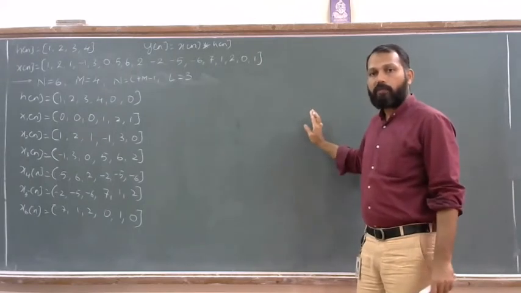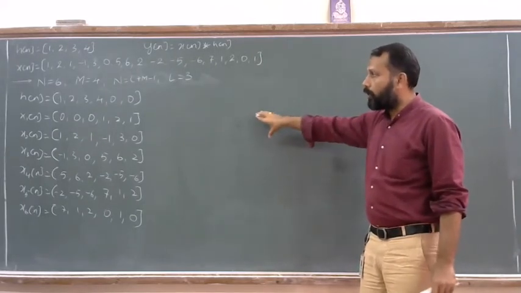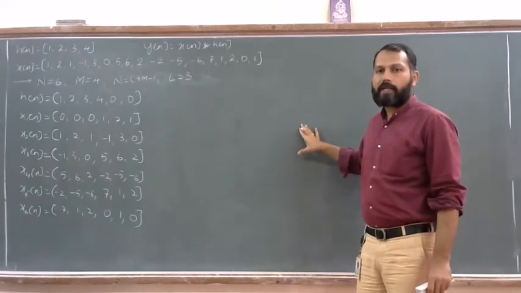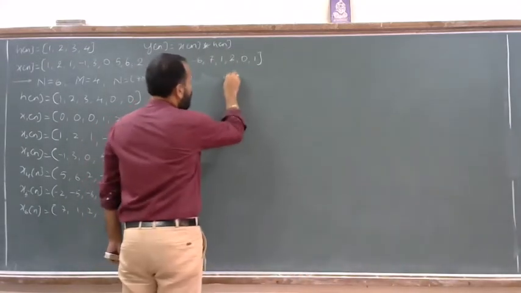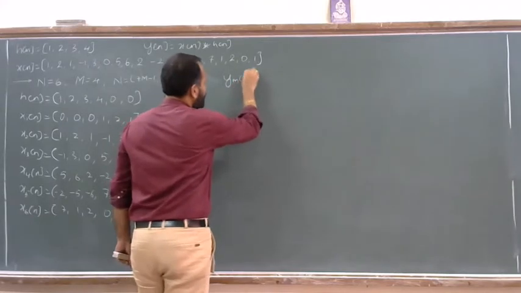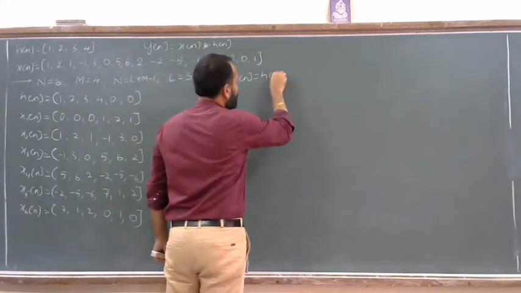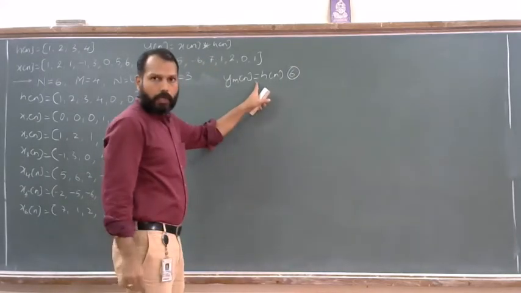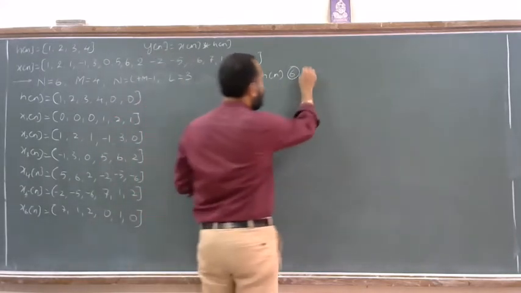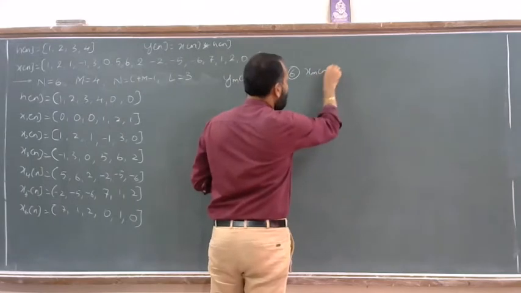And the most convenient method of applying circular convolution is by using the matrix method. So to obtain y_m of n, we'll have to perform 6-point circular convolution of h of n with x_m of n.